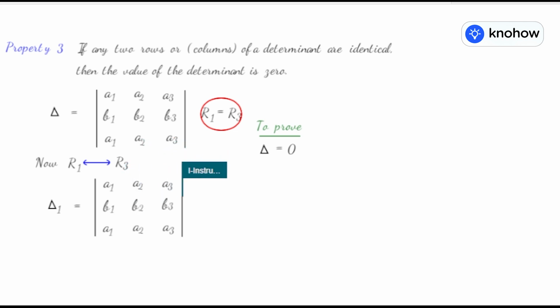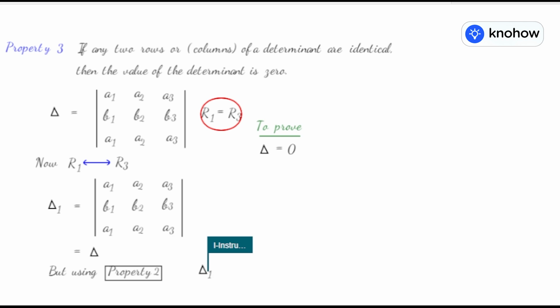What do you find? By interchanging R1 and R3, because R1 and R3 were already equal, it remains the same as delta. But by using property 2, what is property 2?